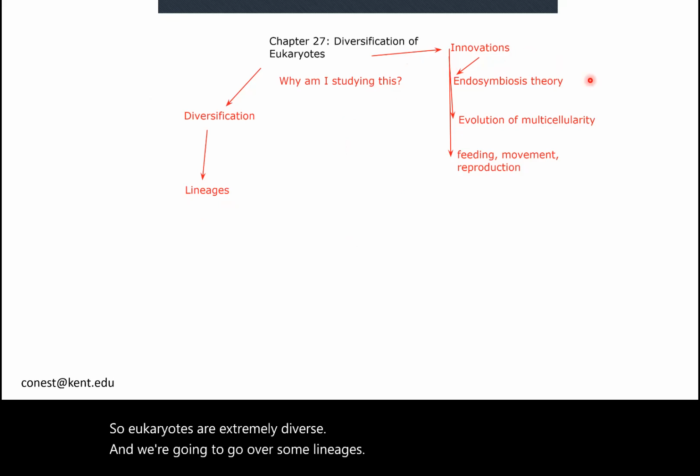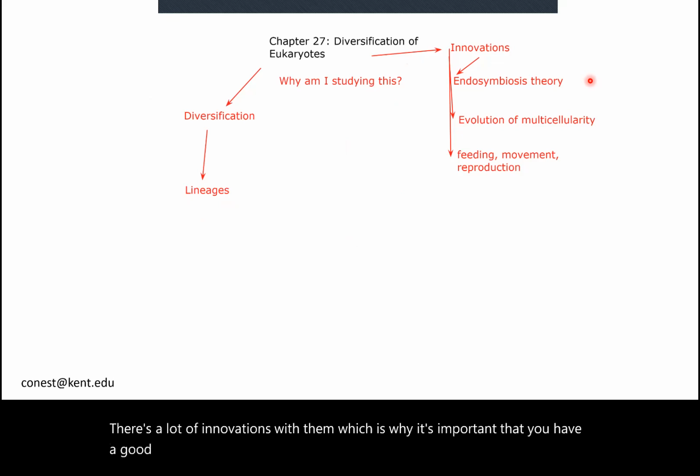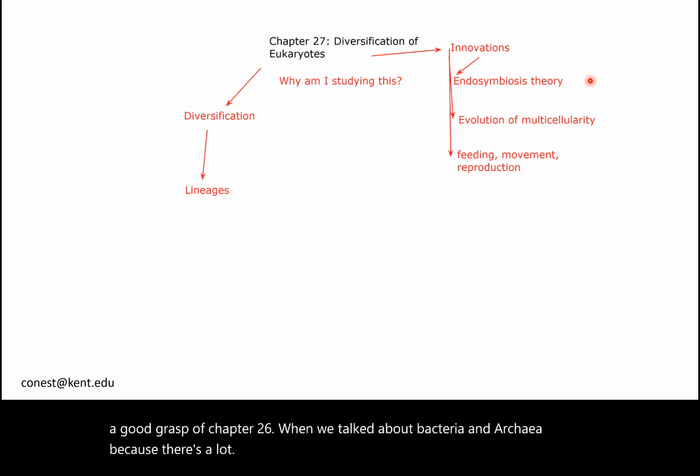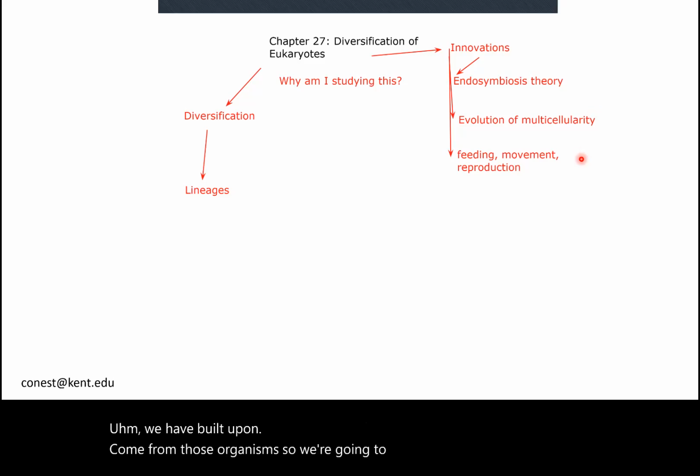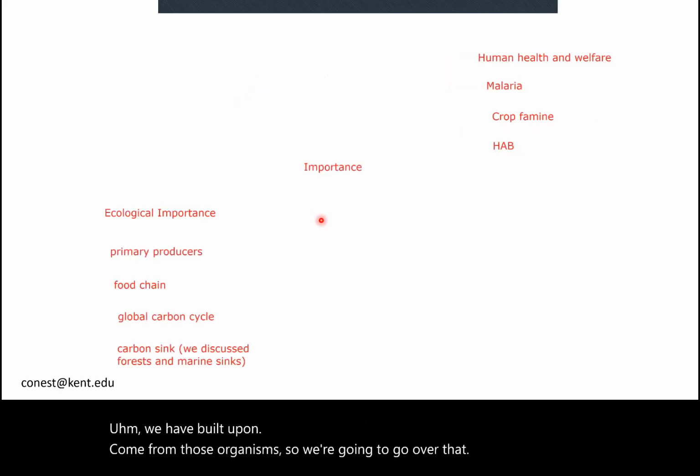There are a lot of innovations with them, which is why it's important that you have a good grasp of chapter 26, when we talked about bacteria and archaea, because there's a lot we have built upon from those organisms.